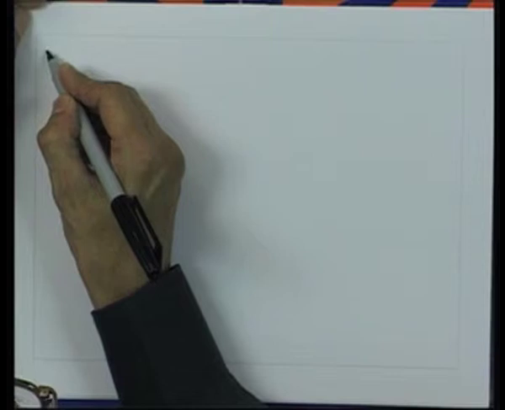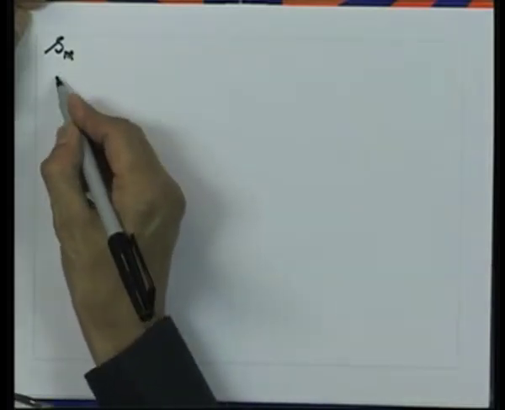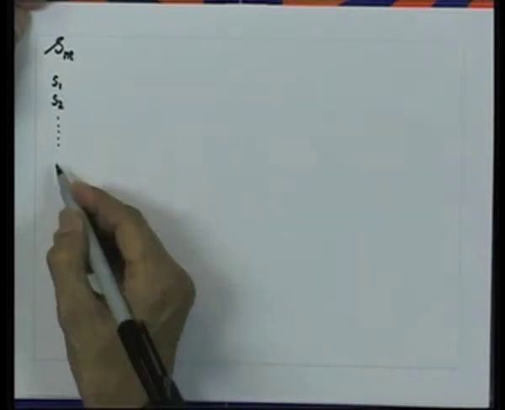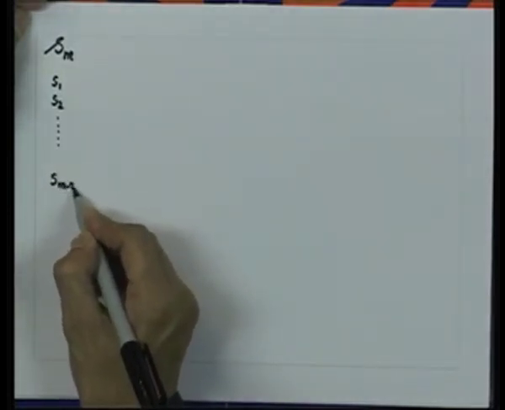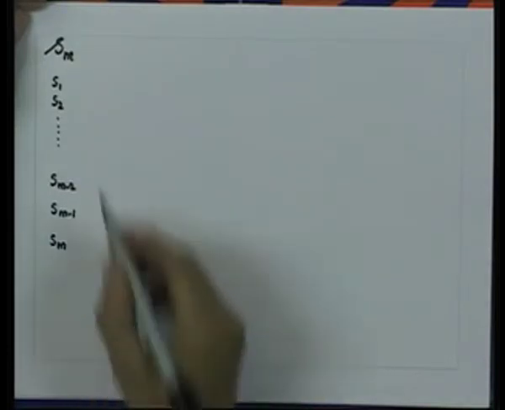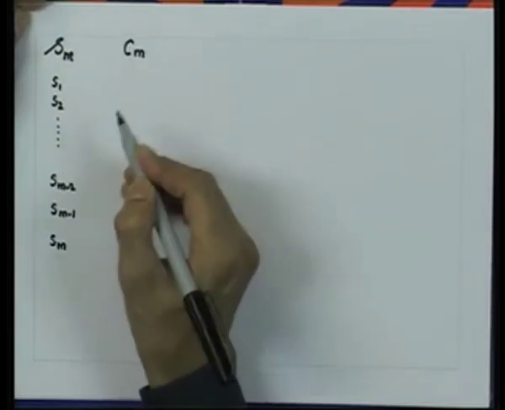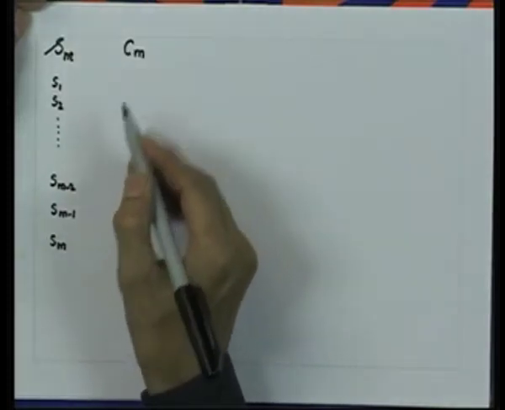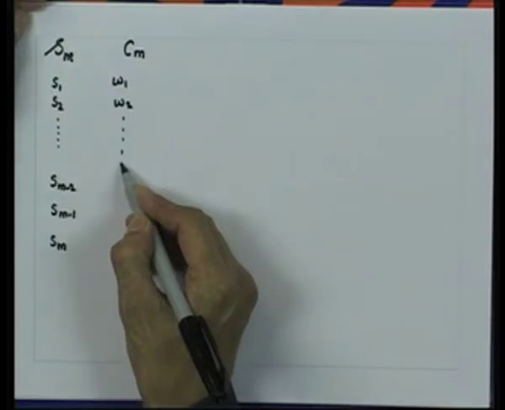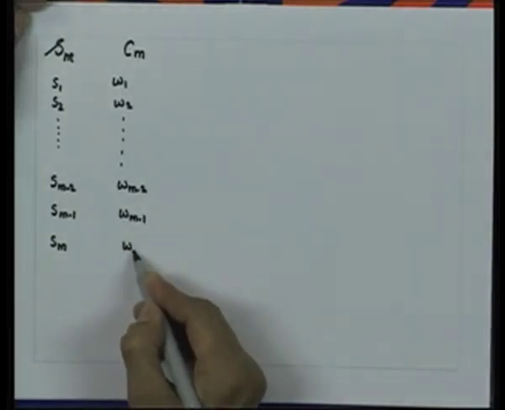Let me denote that alphabet as S_m, consisting of letters S1, S2, up to Sm, and for this alphabet I have the corresponding code, which I denote as C_m, with the code words given by W1, W2, up to Wm.